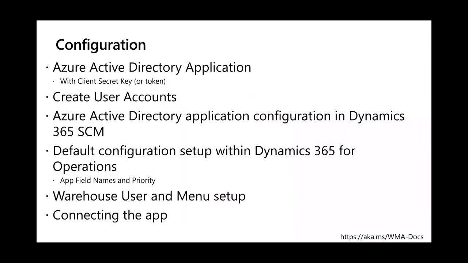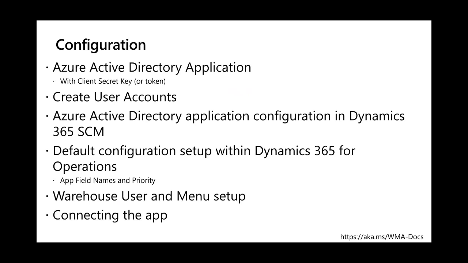Okay, so that was a pretty detailed look at the various configuration steps required to get the app up and running against a Dynamics environment. We looked at the necessary steps in the Azure portal and how we can create an application registration with an associated client secret or an uploaded certificate.